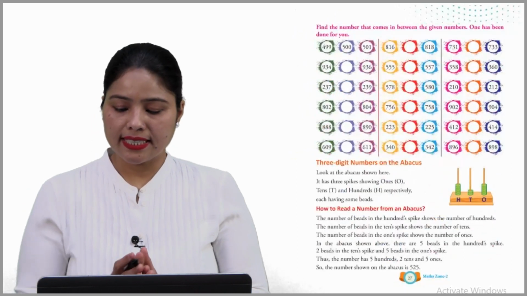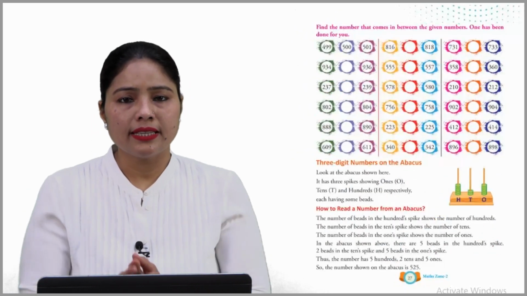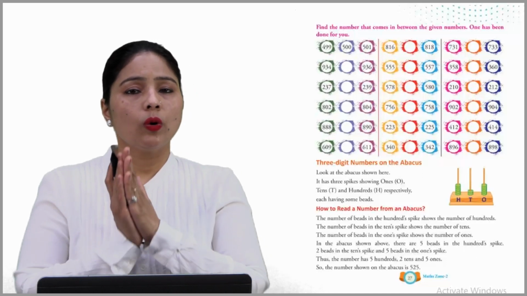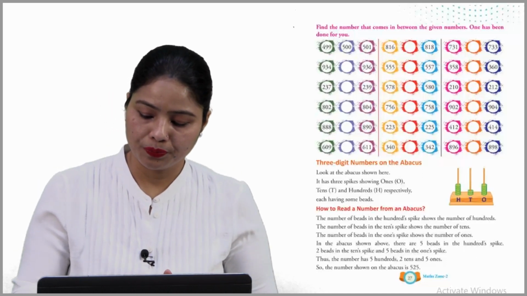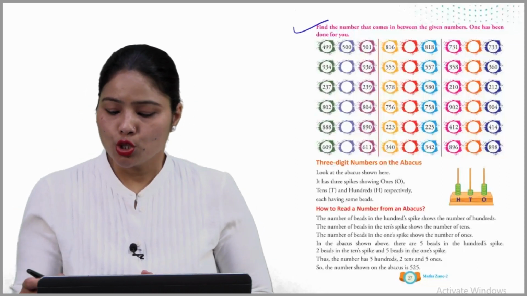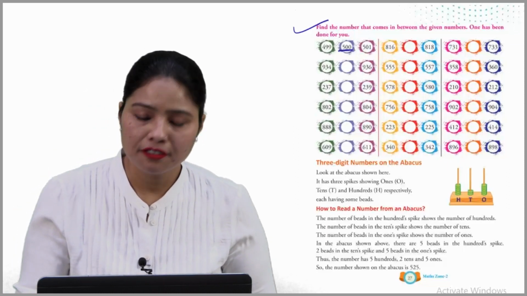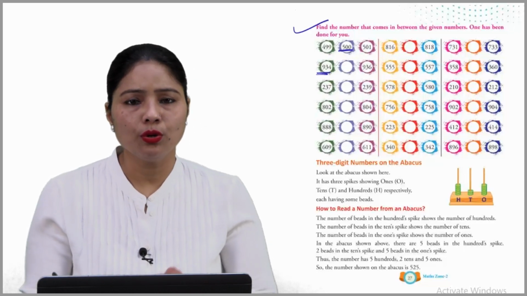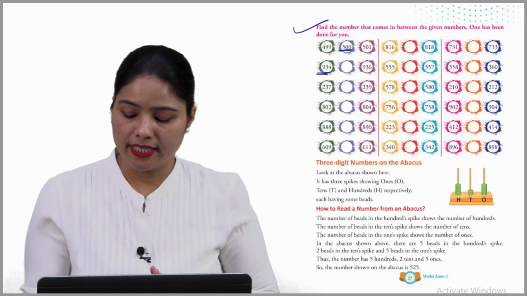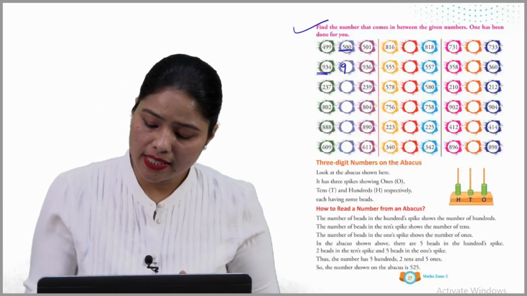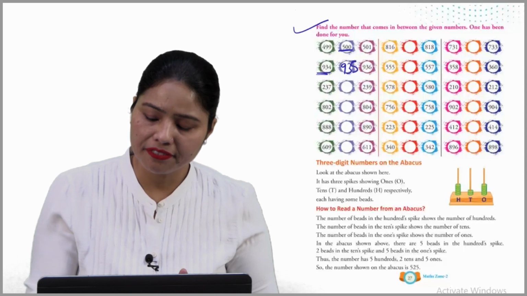So next is find the number that comes in between the given numbers. Okay, one has been done for you. 499 and 500. So in between these comes the number 500. Similarly 934 and this is 936. So in between these two will come our number 935.